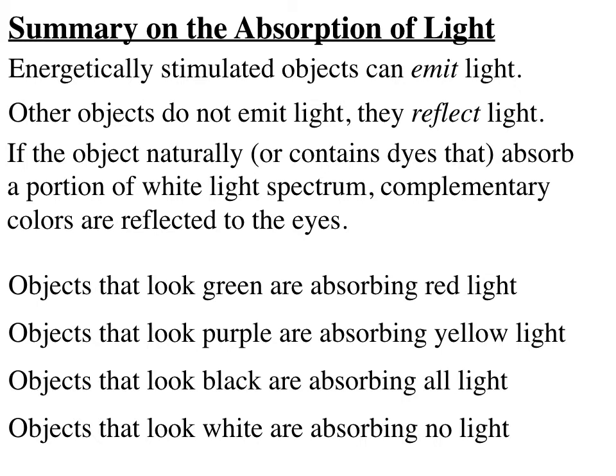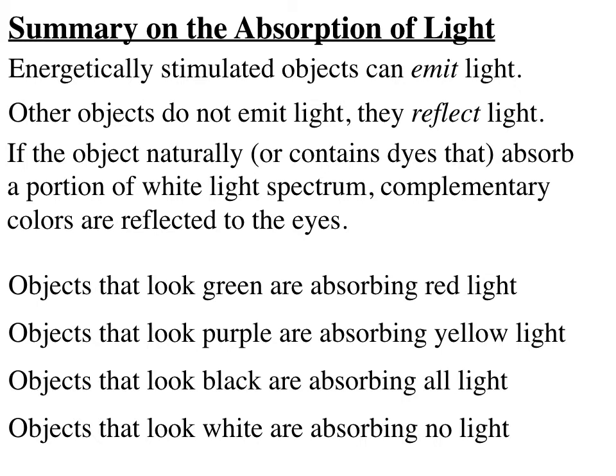Okay, so if the objects naturally, or if they contain dyes that absorb a portion of the white light spectrum, the complementary colors of the spectrum are reflected. So in other words, if it looks green, that means it's sending the blue and yellow to you. It's absorbing red. If it looks purple, which is sending the reds and blues to you, it's absorbing the yellow.